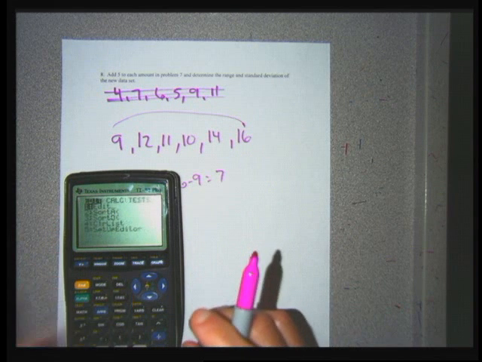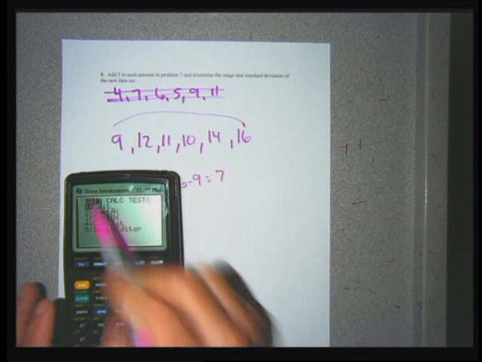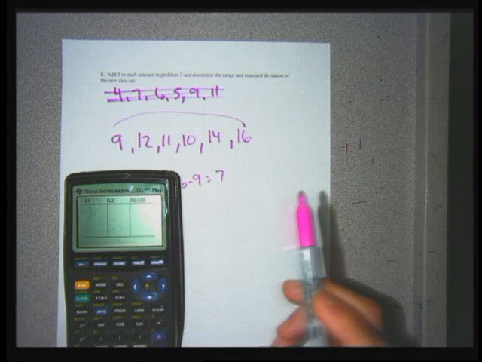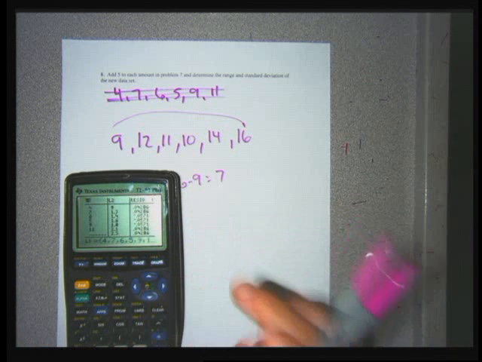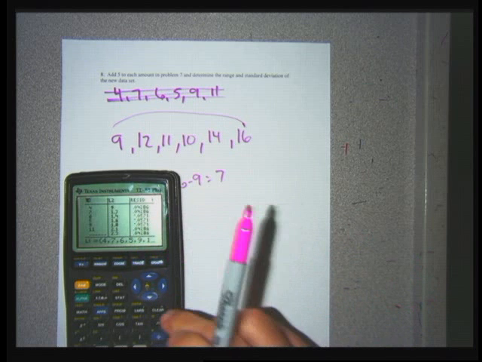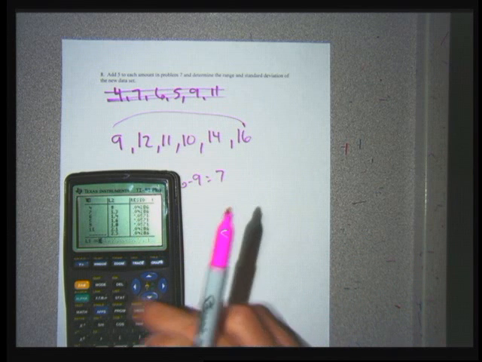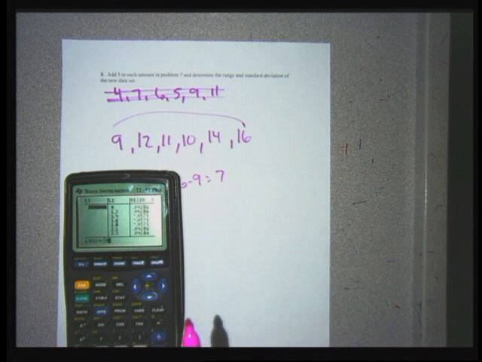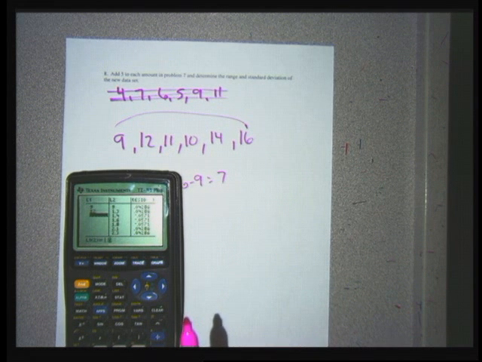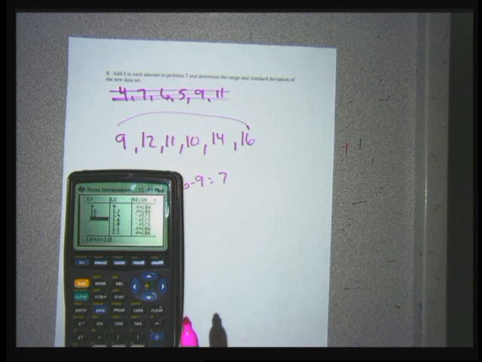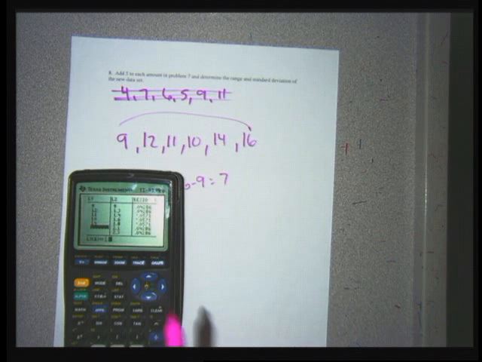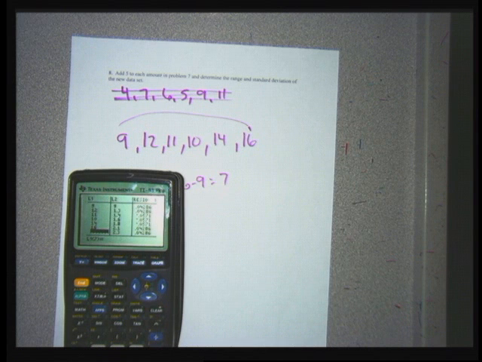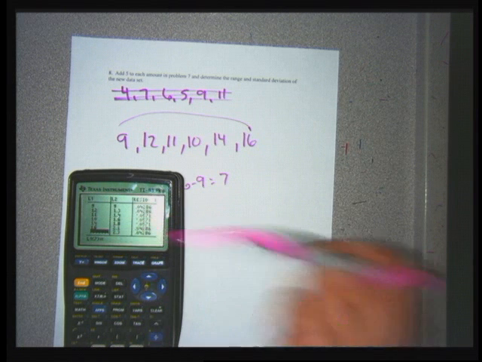So I hit my Stat button, get the Edit and the 1 highlighted, and hit Enter. Arrow up to the top of list 1, get the L1 blackened out, hit the Clear button, and hit Enter. Now enter the data either in the order that it's given or any order that I'm comfortable with. So the data's in. Notice I have other junk in here. The other junk doesn't matter.